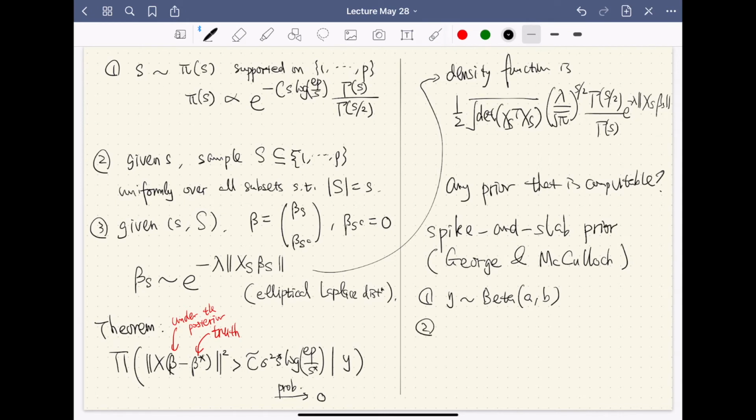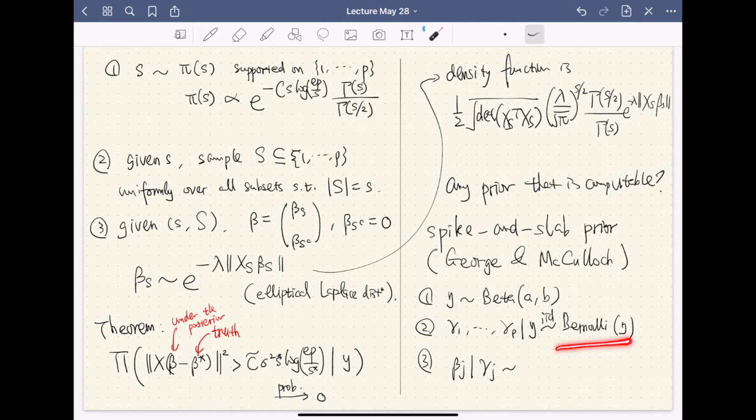Then, given eta, you sample gamma 1 to gamma p IID from Bernoulli(eta). And in the end, you sample each beta j conditioning on the value of gamma j. Gamma j is Bernoulli, so it is binary. It is either 0 or 1.